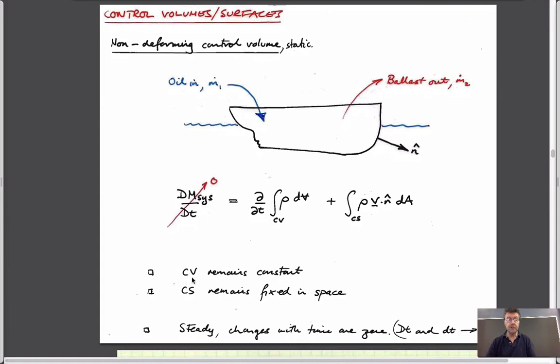We can define a control volume, where we've talked about the volume. So obviously if this is some container, happens to be a ship shape in this particular case, if the control volume is remaining constant, it's not expanding or contracting, and if it's physically static, it's anchored, then we can use exactly the expression that we've used before to do this.